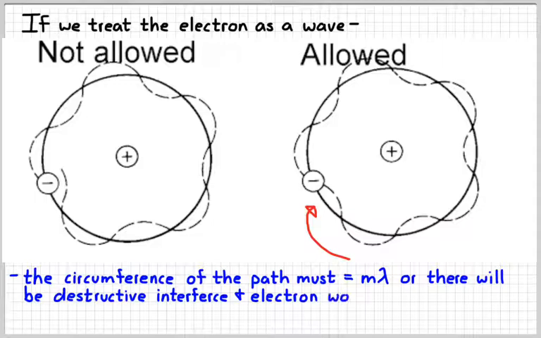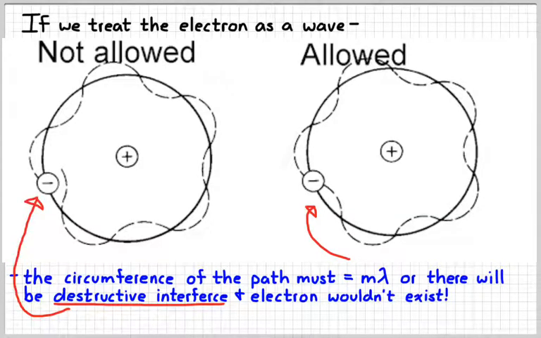If it doesn't exist as an integer number of wavelengths, then it's going to destructively interfere with itself, which is bad, because that means that the electron wouldn't exist anymore, which is impossible. It's got to exist. We can't have energy just randomly destroyed.